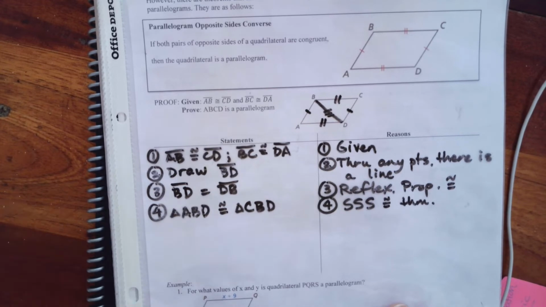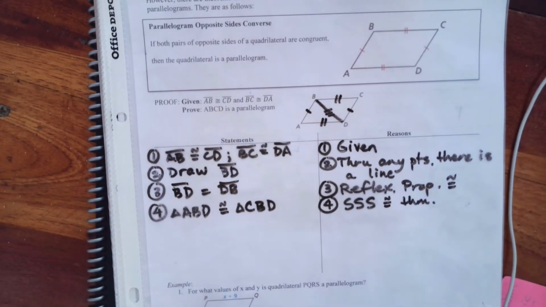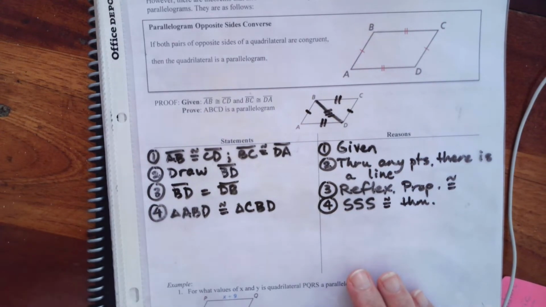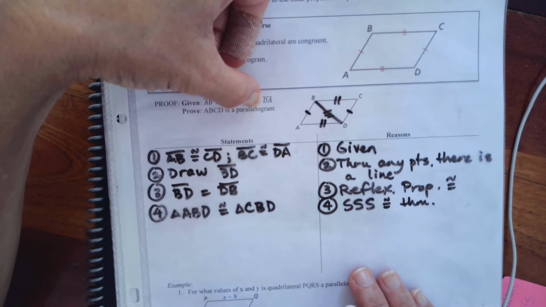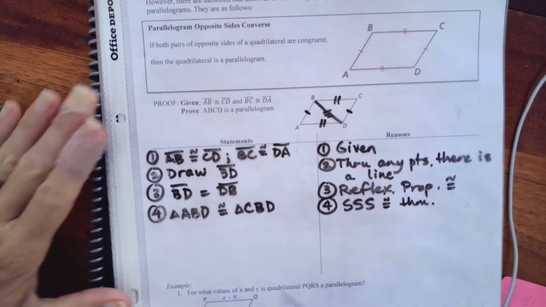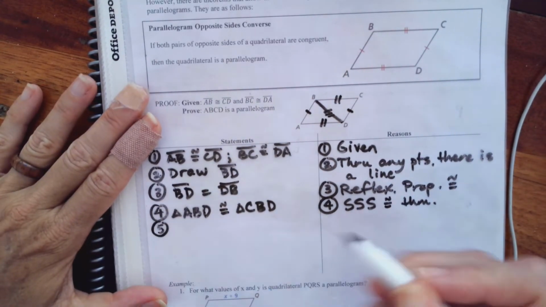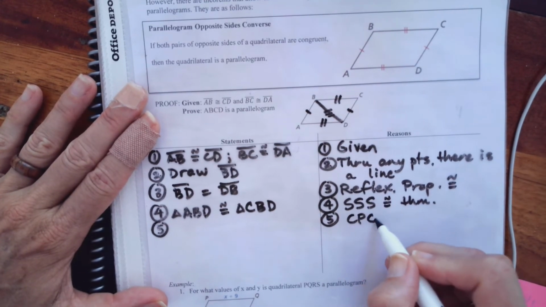All right. Now, every time I get congruent triangles, then I can use corresponding parts, right? Well, if I want to show that this is a parallelogram, now I have corresponding parts. Corresponding parts of congruent triangles are congruent.